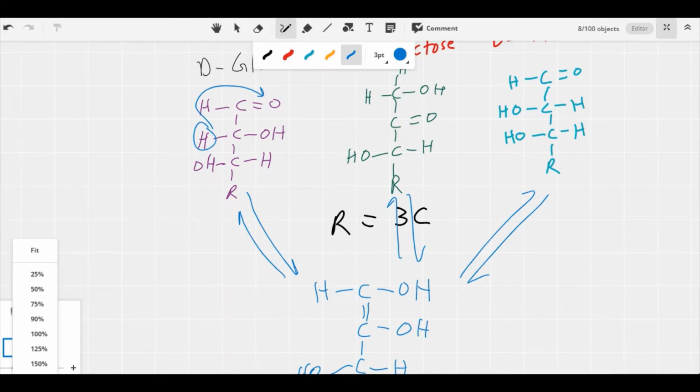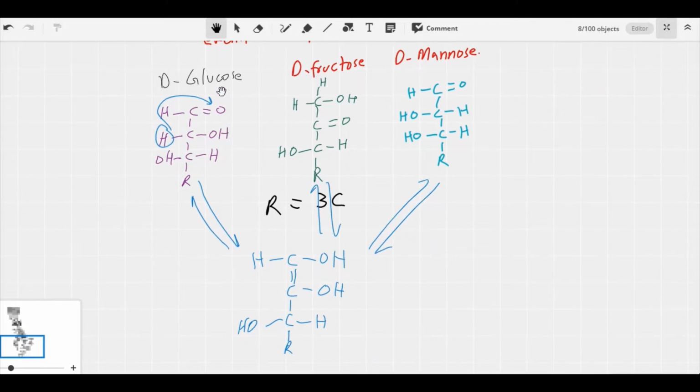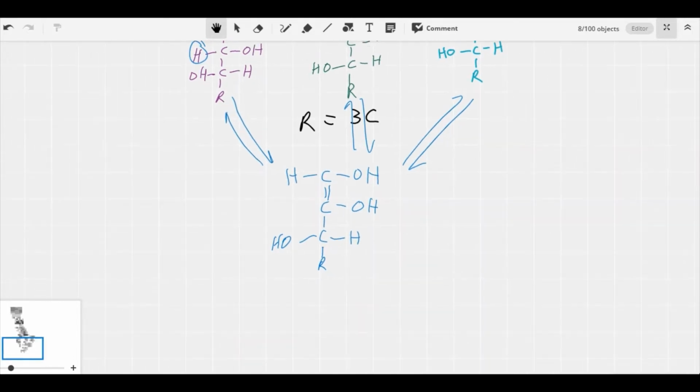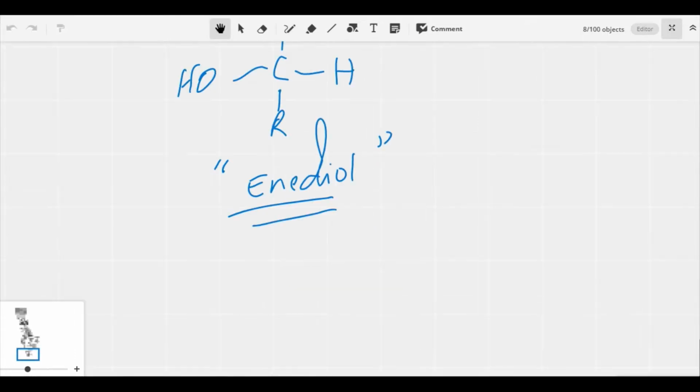Okay, so here I am showing you all these 3 transformations: D-glucose, D-fructose and D-mannose can be converted into the enediol. That is common, so the name will be enediol formation. And remember, enediols are highly reactive.